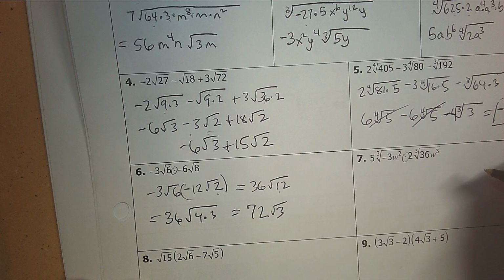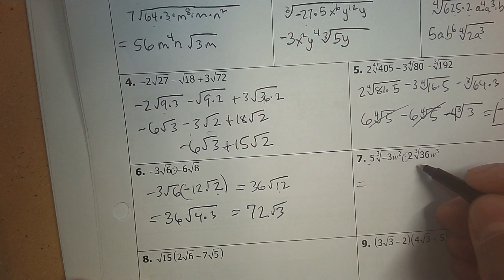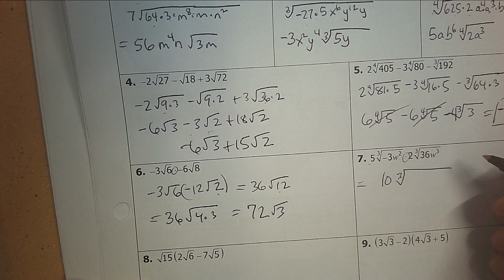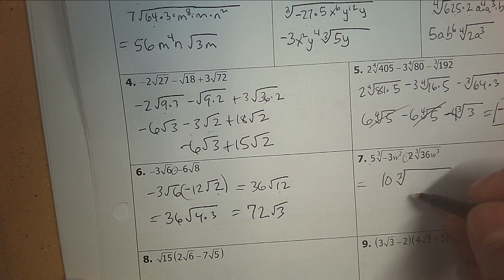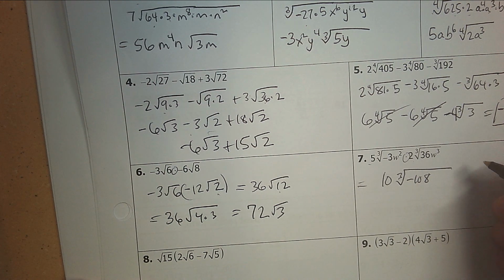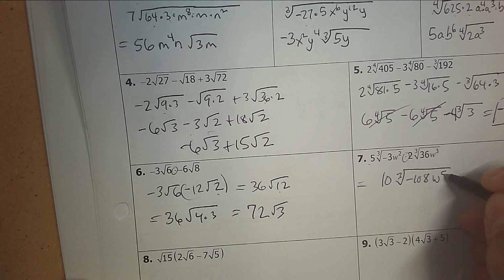Multiplying. So this is multiplied then. 5 times 2 is 10. Negative 3 times 36, that's negative 108. And then add the exponents, so it's w to the 5.